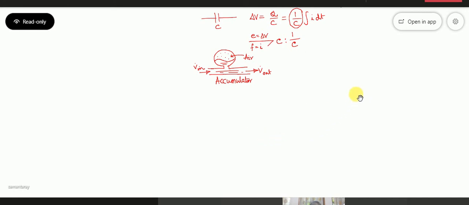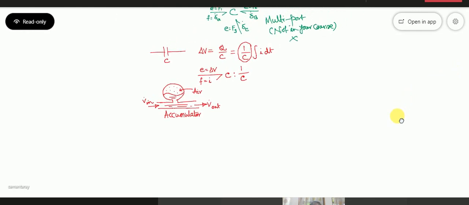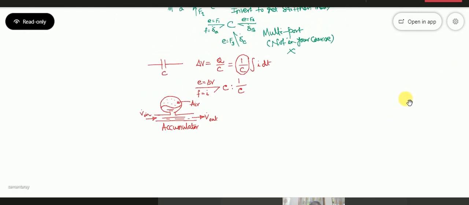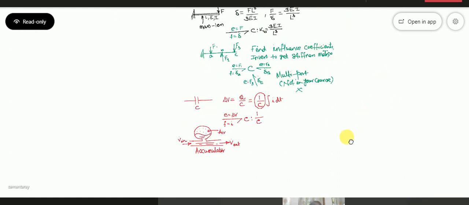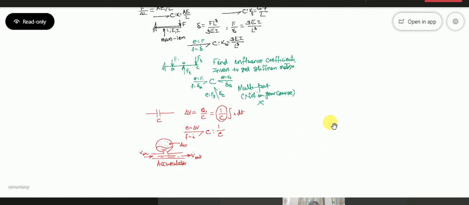So you have V dot air minus V dot in minus V dot out. Okay, so that is the change in volume of the air, rate of change in volume of the air.